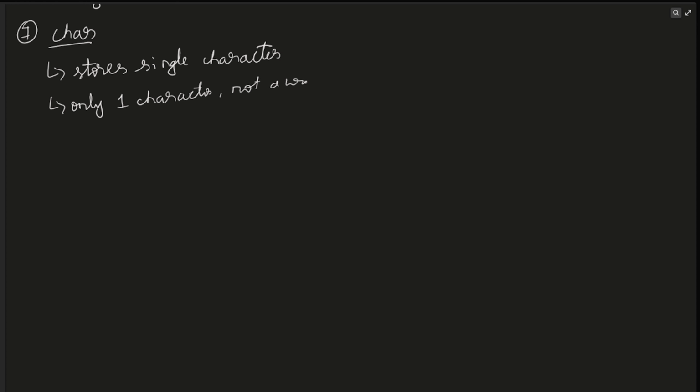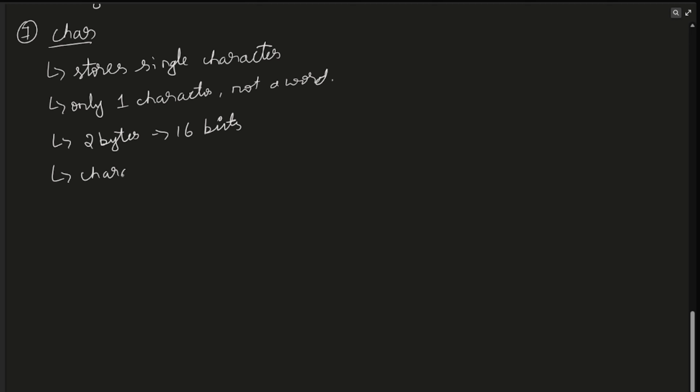Seventh data type we have in primitive is char, which is used to store a single character. Only one character is stored, not a word. Size it can take is up to 2 bytes, that is 16 bits.